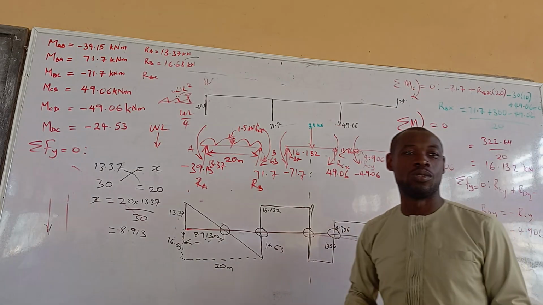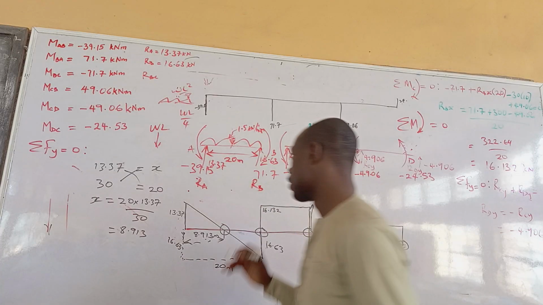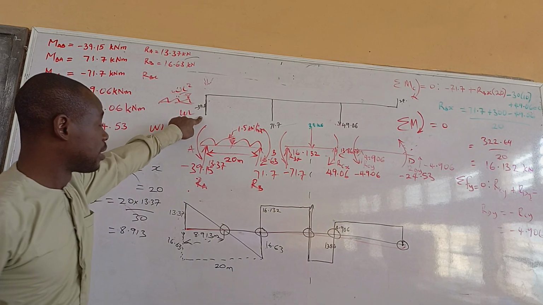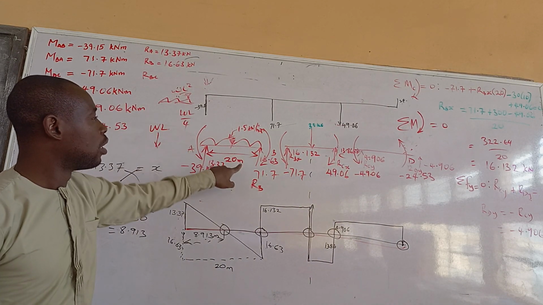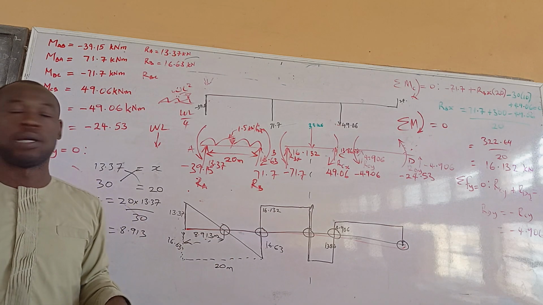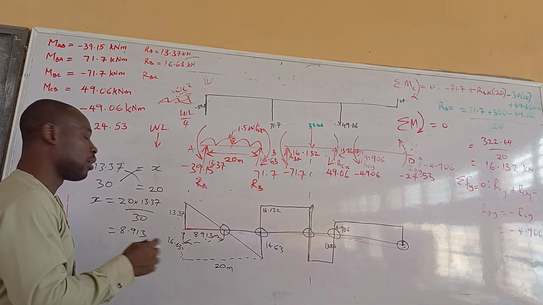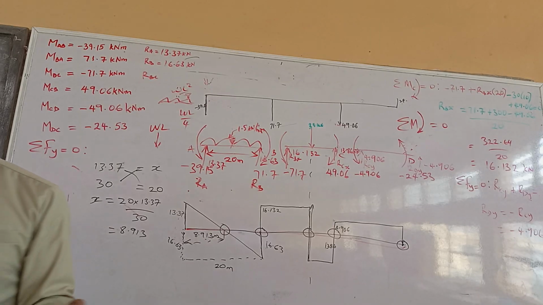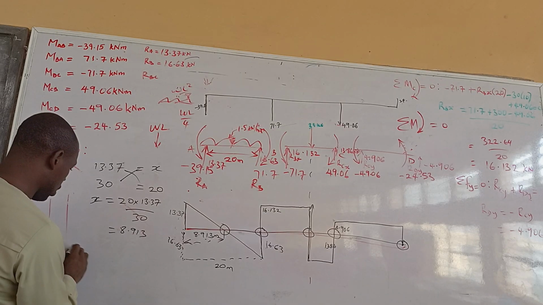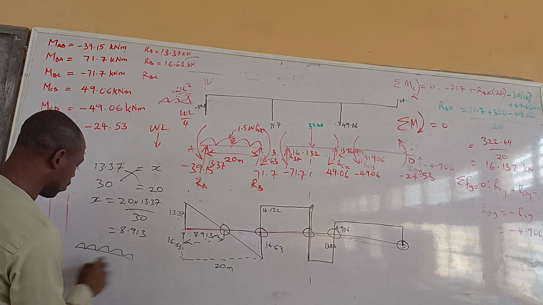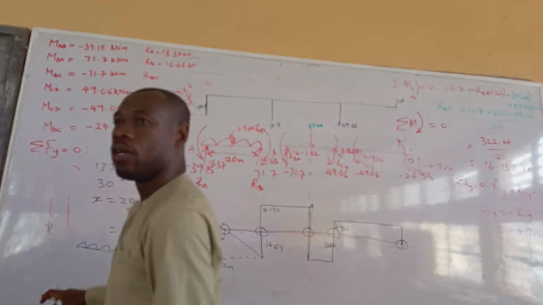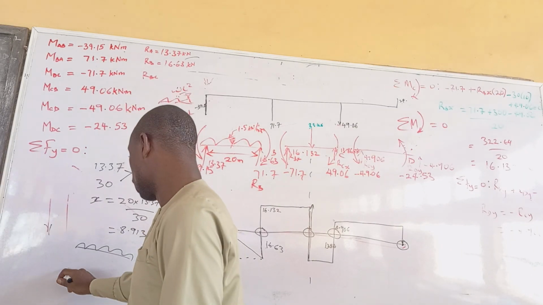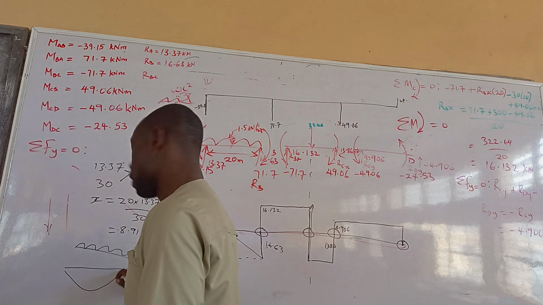How do I explain this one to you? Okay, let's start from here first. I have this moment here, right? Normally, when we want to draw a bending moment diagram for a uniformly distributed load, we have it as a parabola, right? When you have a uniformly distributed load like this, when you want to draw the moment, at times you can draw it like this.